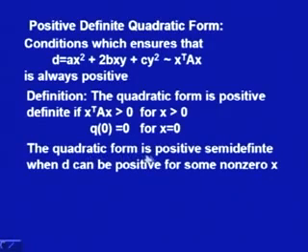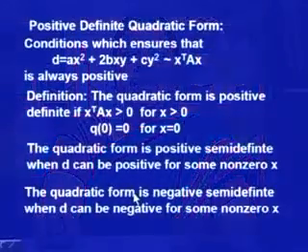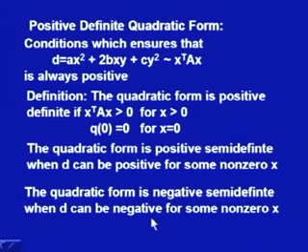The quadratic form is positive semi-definite when d can be positive for some non-zero x. It may be positive for other values, but there may be some non-zero x for which d is positive. The quadratic form is negative semi-definite when d can be negative for some non-zero x also.